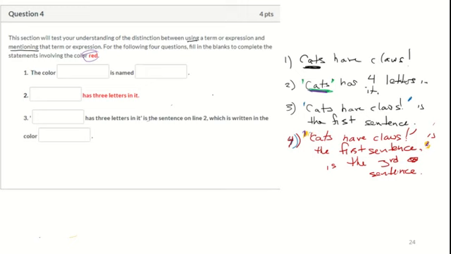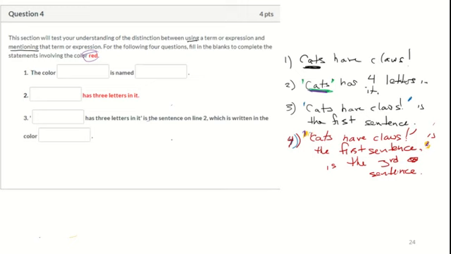That's going to require using certain words and phrases and mentioning certain words and phrases depending on the context. So you're going to want to figure out, am I using something here? Am I mentioning something here? What is it? That's generally how this problem works.